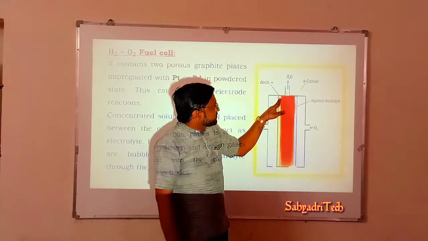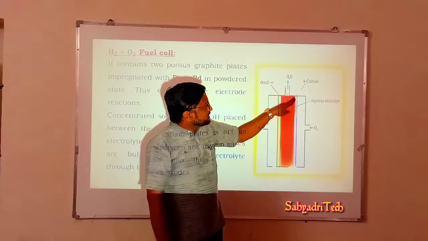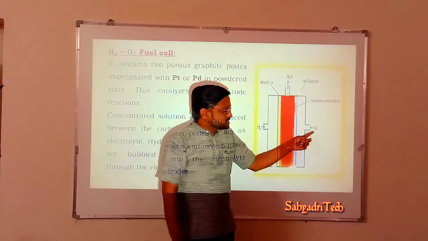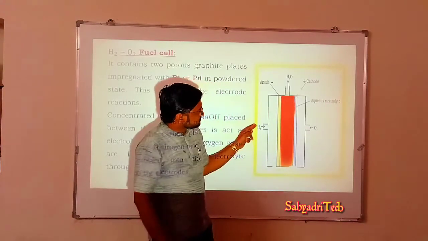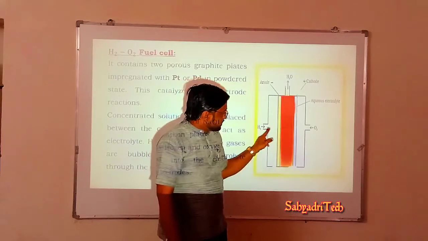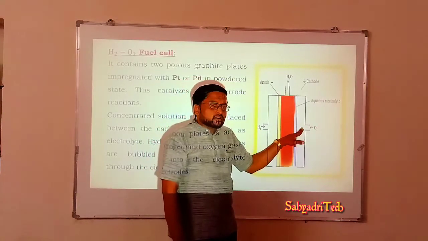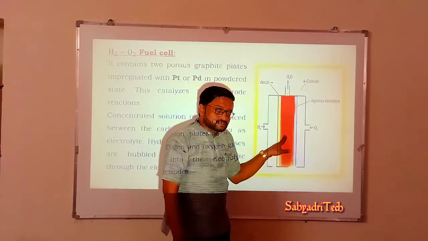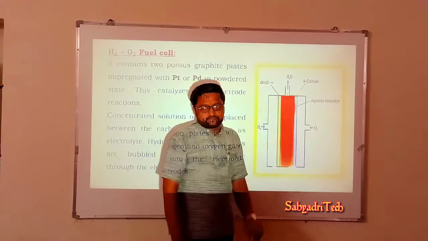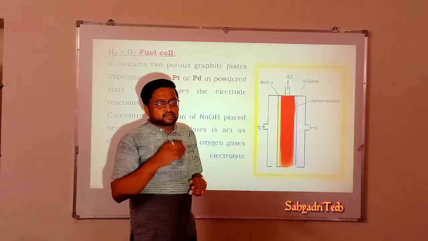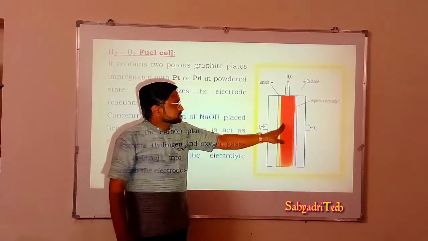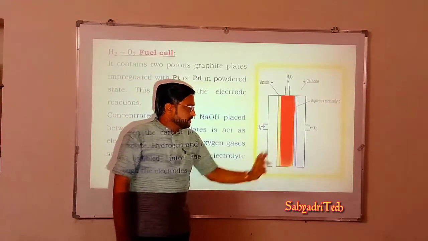One graphite rod acts as anode, another as cathode. We pass hydrogen gas and oxygen gas into the concentrated sodium hydroxide solution through these porous graphite rods.